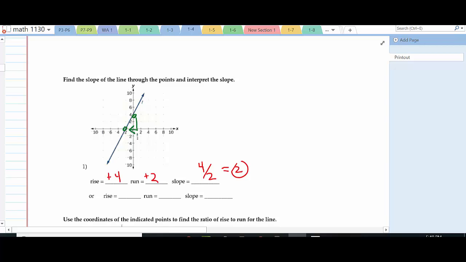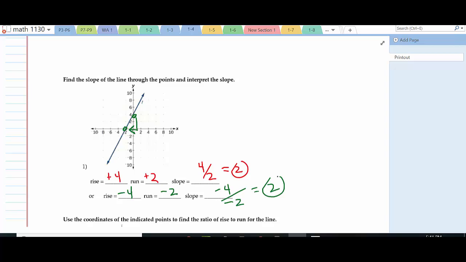If I go down 4, I would use negative 4. That's logical, down is negative. If I go left 2, that's negative. Do you get the same answer? Yeah, if you do rise over run, you still get 2 because 2 negatives divide out to make a positive. So it works either way. It's just a ratio of rise over run. Everybody got what I did? Okay, and if you're in carpentry and building stuff like that, that's part of what you do.